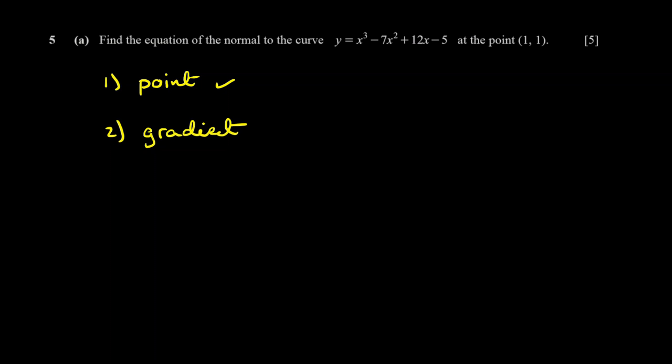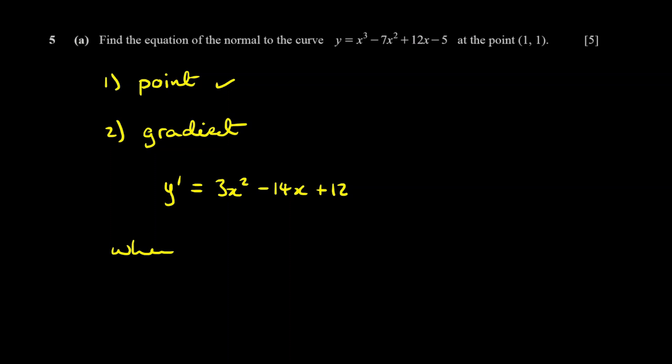Well, the way we find the gradient is we differentiate, because differentiation tells us the gradient of the tangent to the curve at any particular point. So if I differentiate, I'm going to get 3x squared minus 14x plus 12. And I'm going to substitute in the point x is equal to 1.